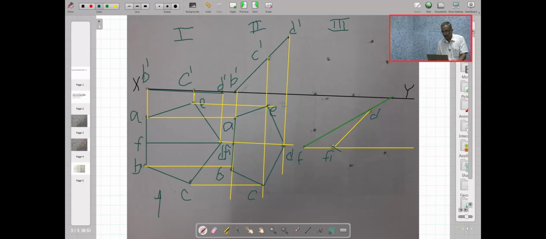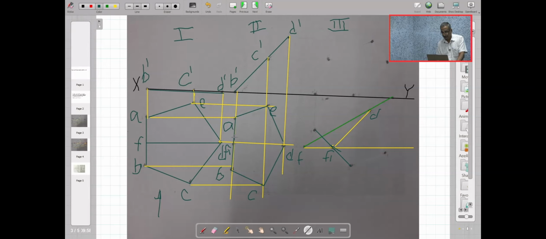Now if I align this top view so that this DF1 coincides with DF1, I will get the third stage top view. So I have this line DF1. Now I will draw the points A and B. To the line DF1, I draw a perpendicular line, so this angle is 90 degrees, and this also will be an angle of 90 degrees.